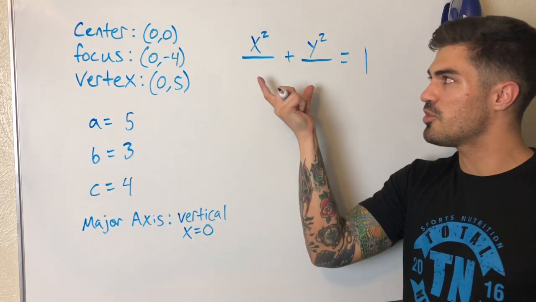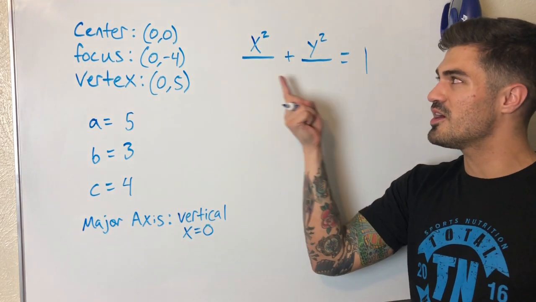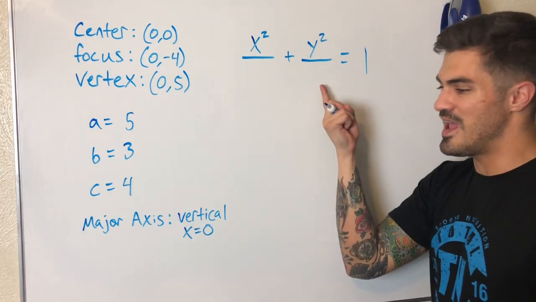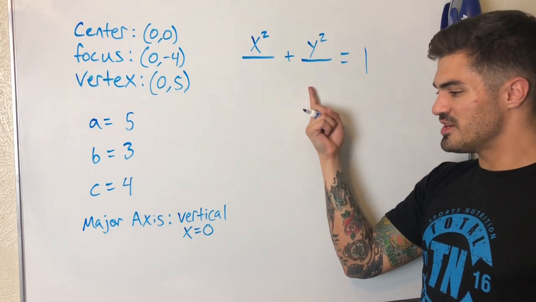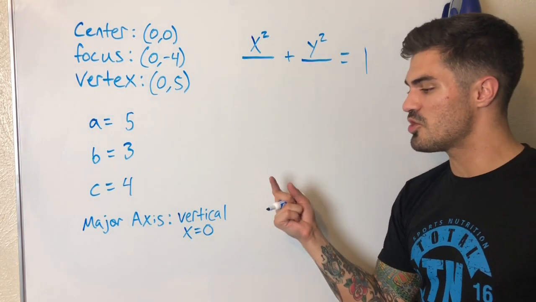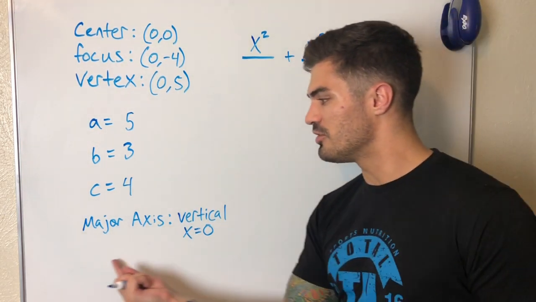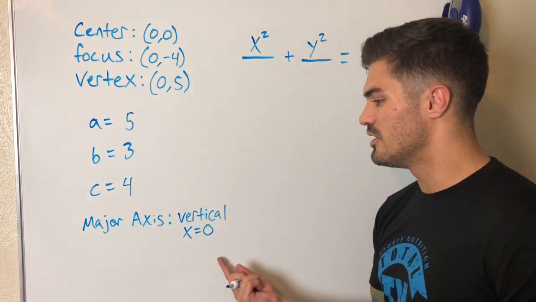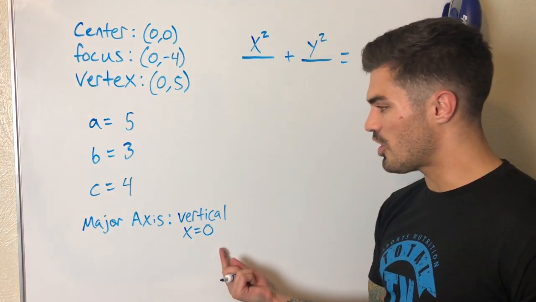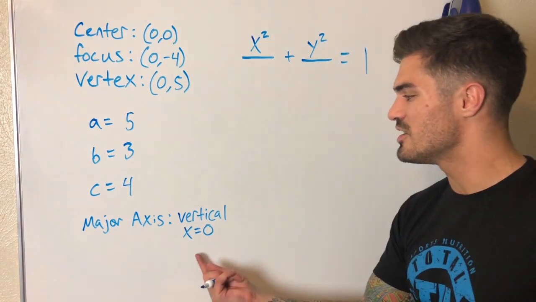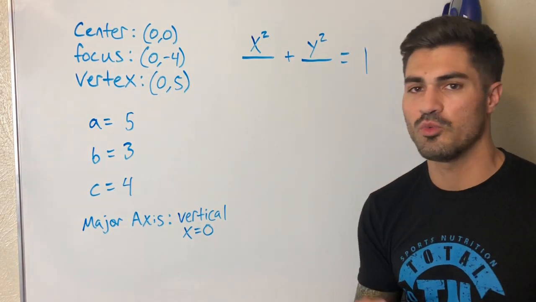So really the only tricky part is determining, is this a squared and this b squared, or is this b squared and this a squared? The way I remember is that the a squared is always under the variable to which our axis is parallel. Since we're vertical, we're parallel to the y-axis, so my a squared is going to be under the y.